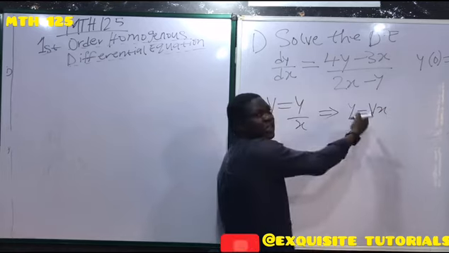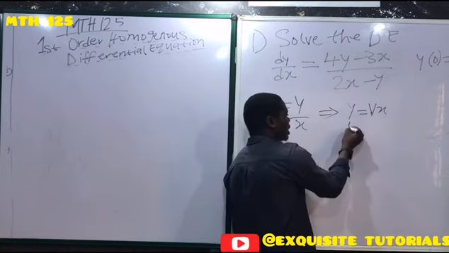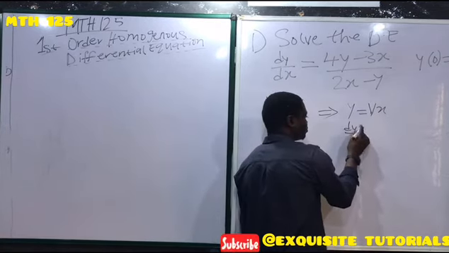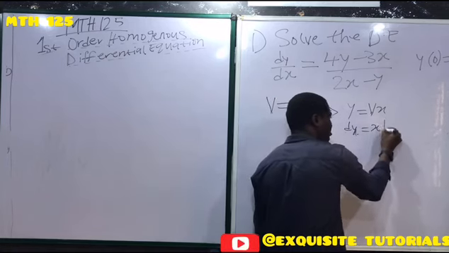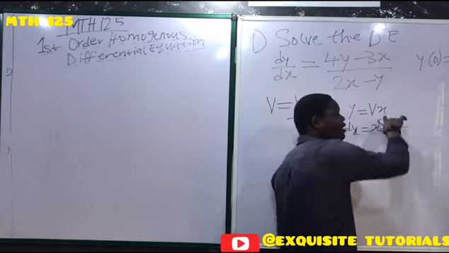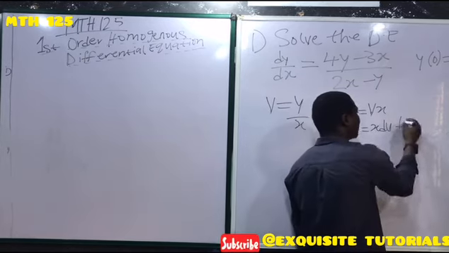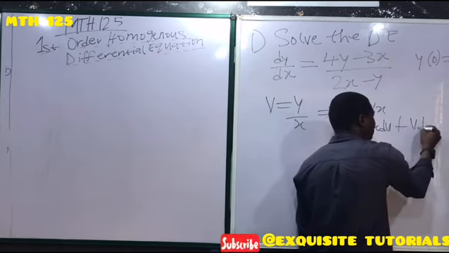Now if I differentiate each of these variables, I will have dy, and if I differentiate v, I will have x dv, plus if I differentiate x, I will have v dx.